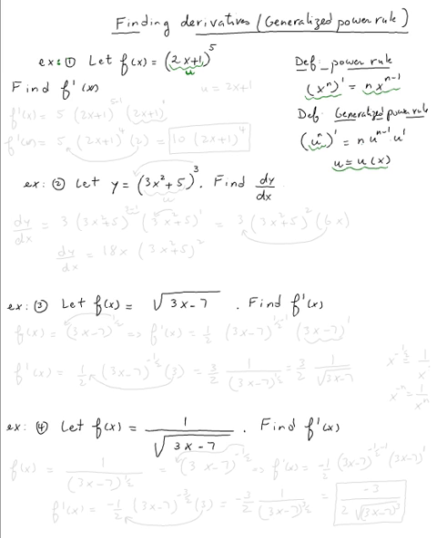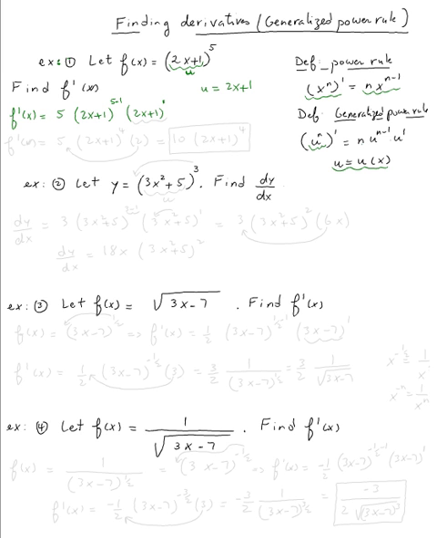According to the generalized power rule, f prime of x is supposed to be equal to 5 u to the n minus 1, which is 5 minus 1, times u prime. Remember, I'm saying u is equal to 2x plus 1. U prime means the derivative of 2x plus 1, right?